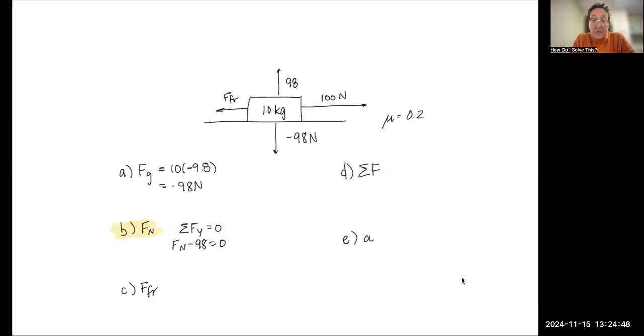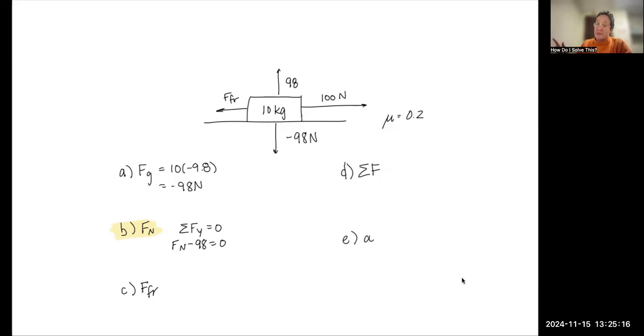So it's sitting on the table, not flying up into the air, not sinking down into the table. And that's how we find our normal force. In a lot of cases, including this one, it is opposite the force of gravity. But if I had a little extra force here or a little extra force here, suddenly that would be different, and we would need to take that into account.